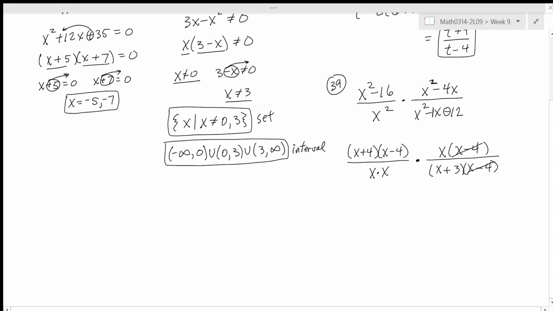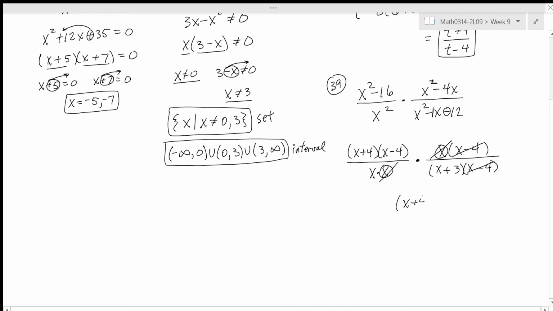Is there anything else that's going to cancel? Yes, we can. X and X. Cancel. And you know why that's legal? Because they're being multiplied by other stuff. So this X is a factor, and this X is being multiplied, it's a factor. And so we can cancel those legally. And now what's left?